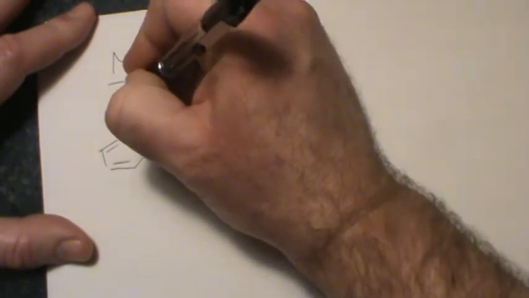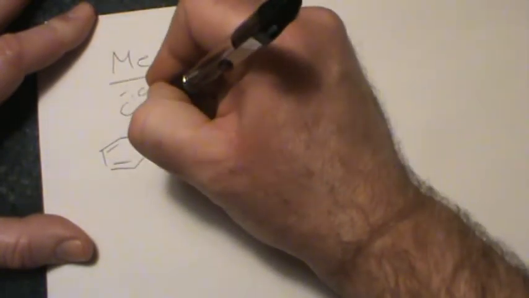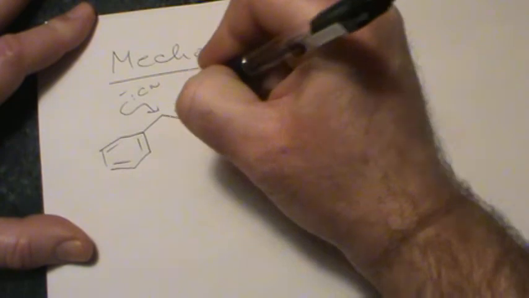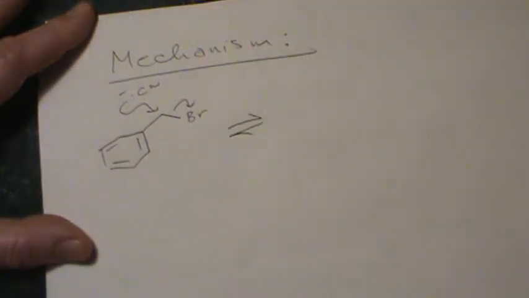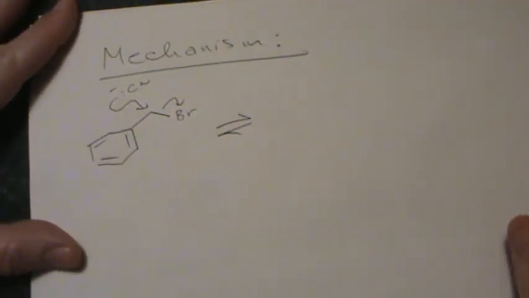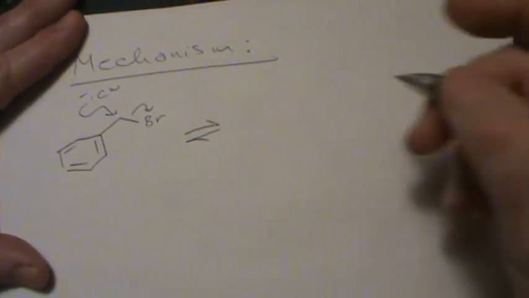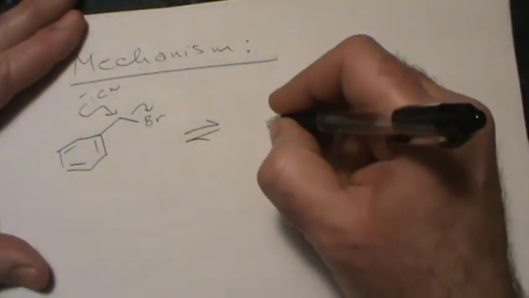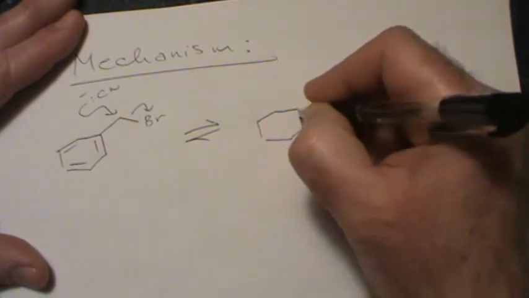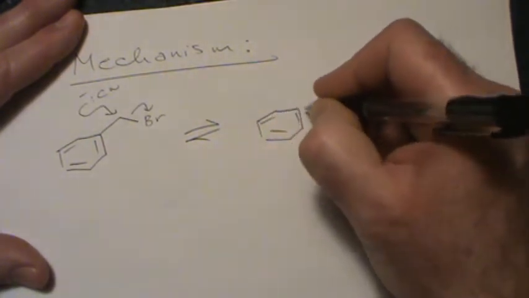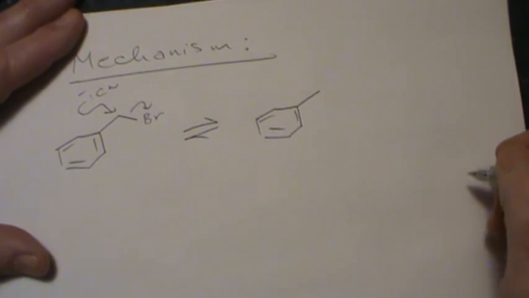And the best way to really figure out what might be going on is to draw what the transition state looks like. So in this particular case, the transition state might look something like this.